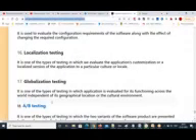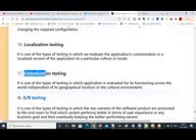Right, next, globalization or internationalization testing. I18N we call this, internationalization testing. It is one of the types of testing in which the application is evaluated for its functioning across the world, independent of its geographical location or cultural environment.